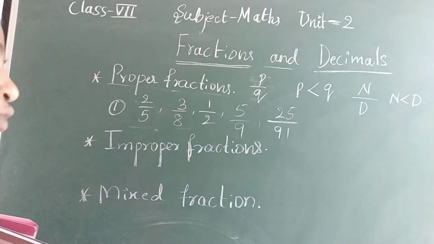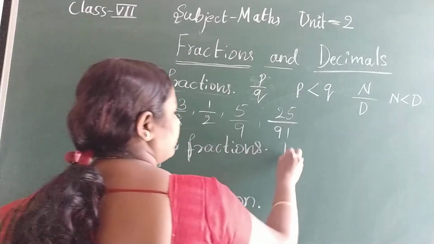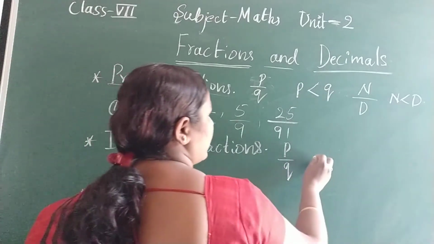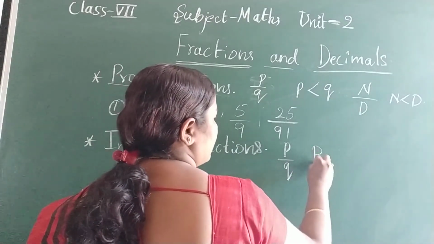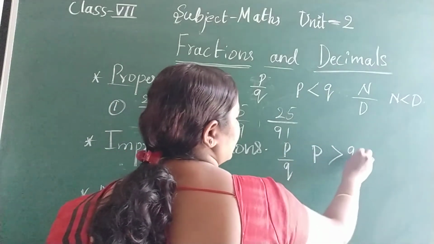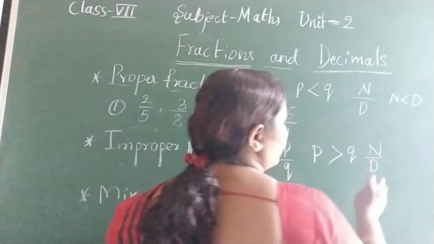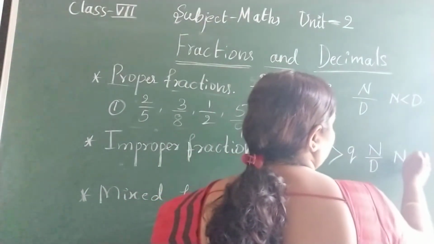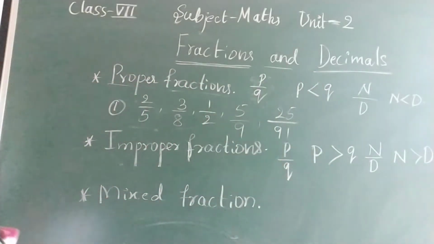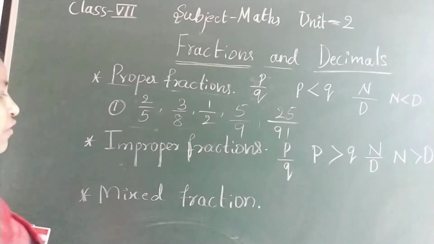And what are improper fractions? The opposite of this. P by Q, where P should be greater than Q, that is, the numerator should be greater than the denominator. Such fractions are called improper fractions.